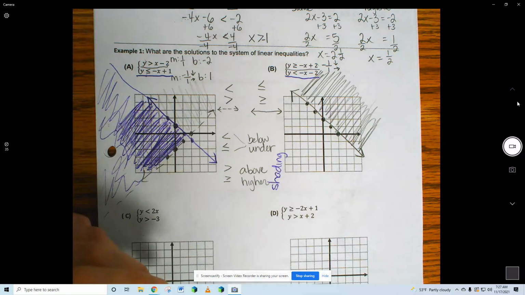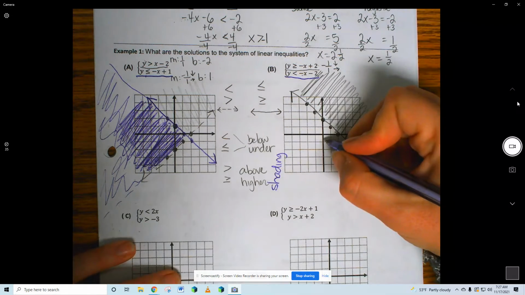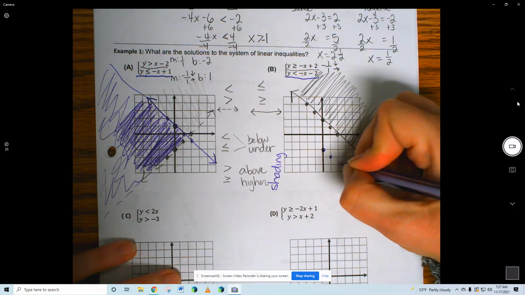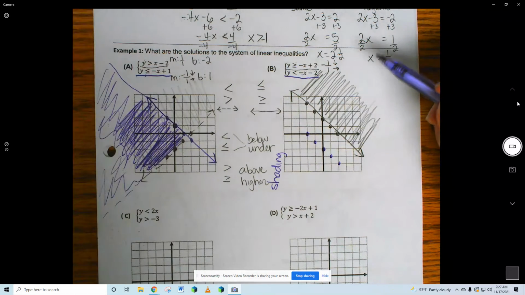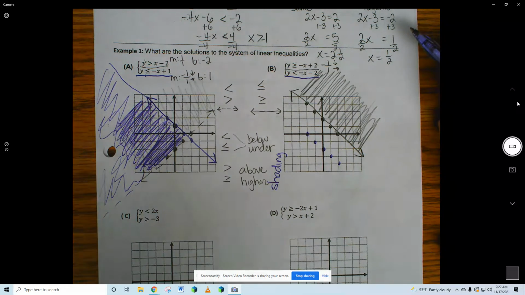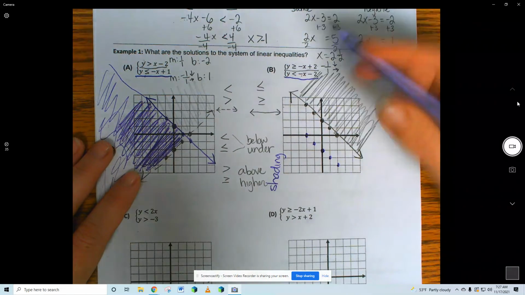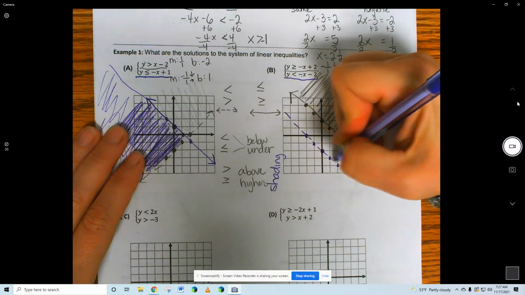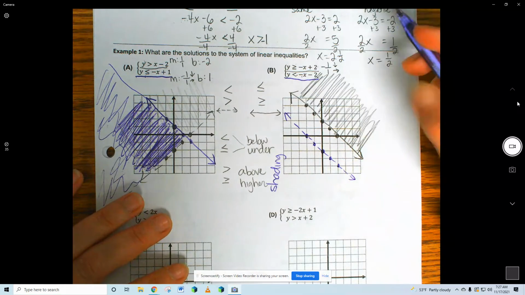Purple line. Begin at negative 2. Slope is downward. Ooh, they're parallel lines, you guys. Parallel. Is it a solid or dotted line? It just says less than. Dotted. And this says less than.